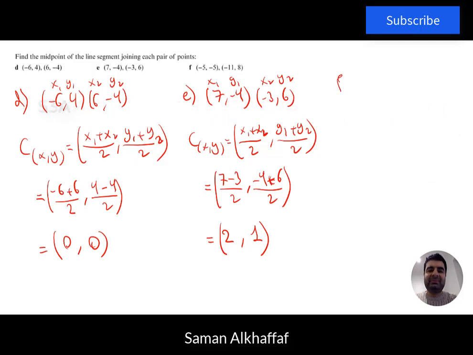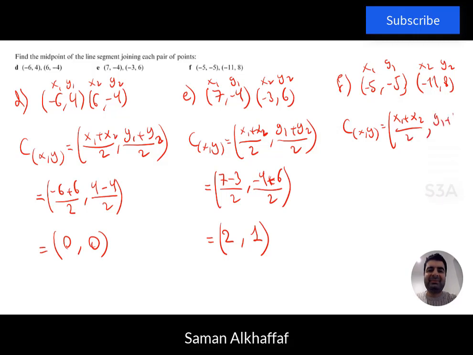For part F, we have the points of -5, -5, so they represent x1, y1, and also -11, 8, which represents x2, y2. So the center or midpoint will be x1 plus x2 over 2, and y1 plus y2 over 2.